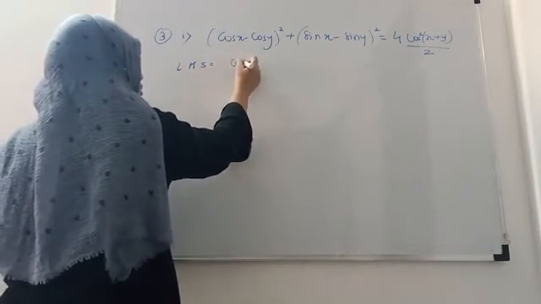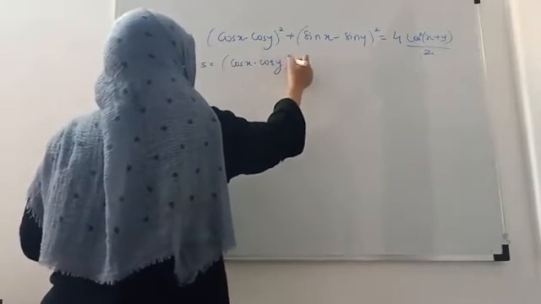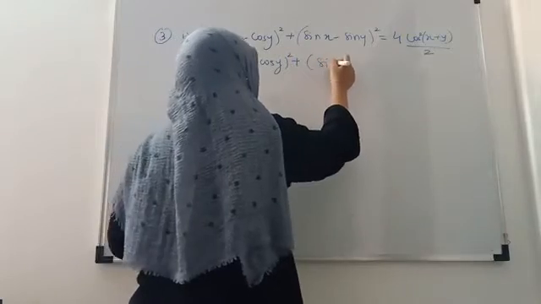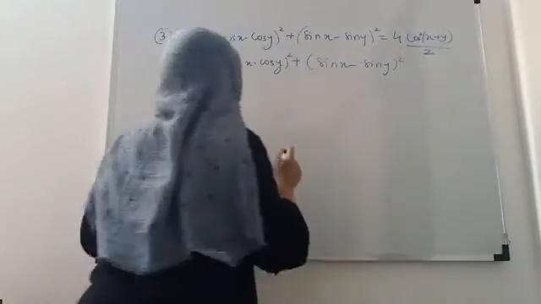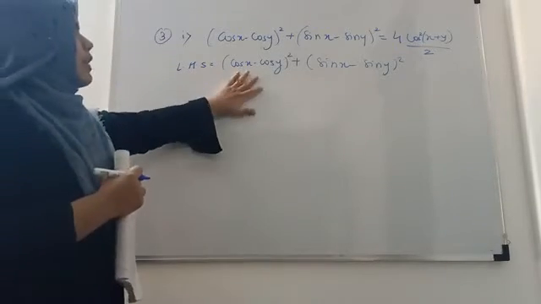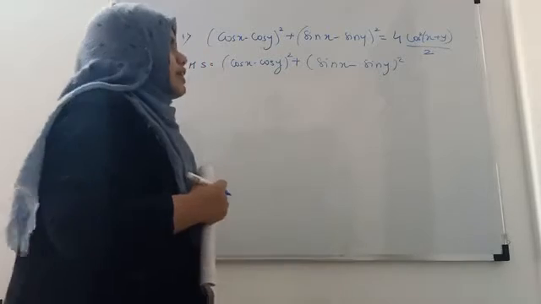It is equal to cos x minus cos y whole square plus sin x minus sin y whole square. Okay, now I'll apply the formula of a minus b whole square, and here also a minus b whole square.